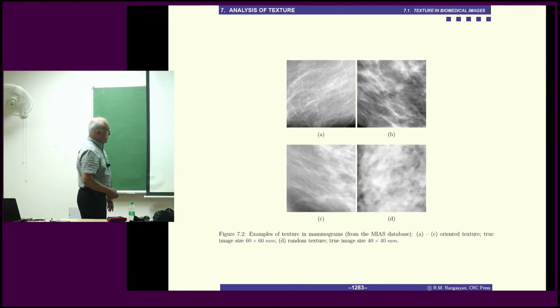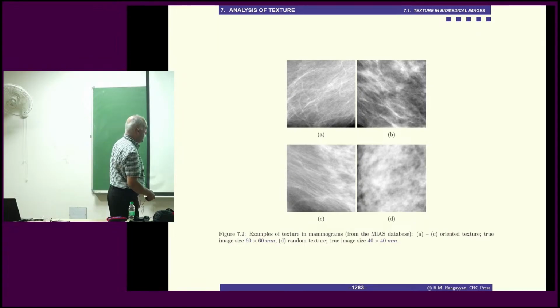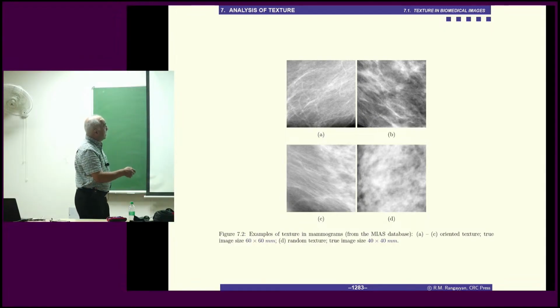Parts of mammograms: these three are 60 millimeters square, this is 40 millimeters square. This is oriented, there is a preferred orientation here, but this is random and cloudy.